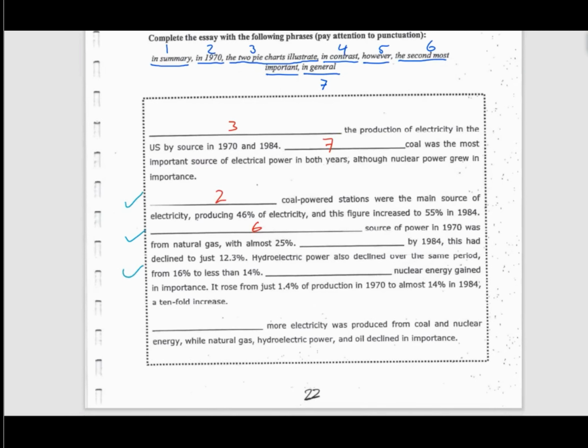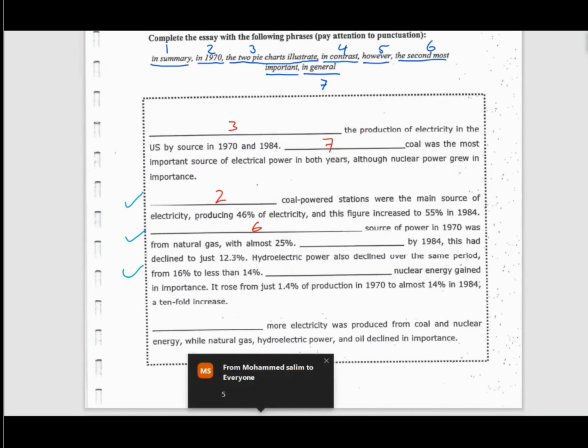So as I say, you analyze the data in the body from the biggest to the lowest, from the highest to the lowest. Okay? The next one is number 5. However, okay, by 1984, this had declined to just 12.3%.